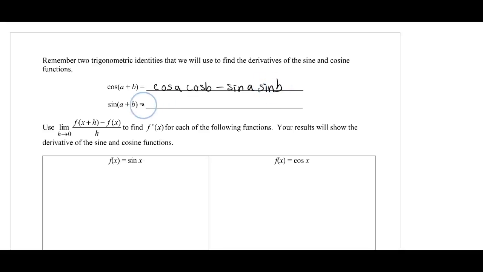And secondly, the sine of a plus b is sine a cosine b plus cosine a sine b. So we're going to use this derivative definition, f of x plus h minus f of x all over h, limit as h approaches 0, to find the derivative for sine and to find the derivative for cosine.